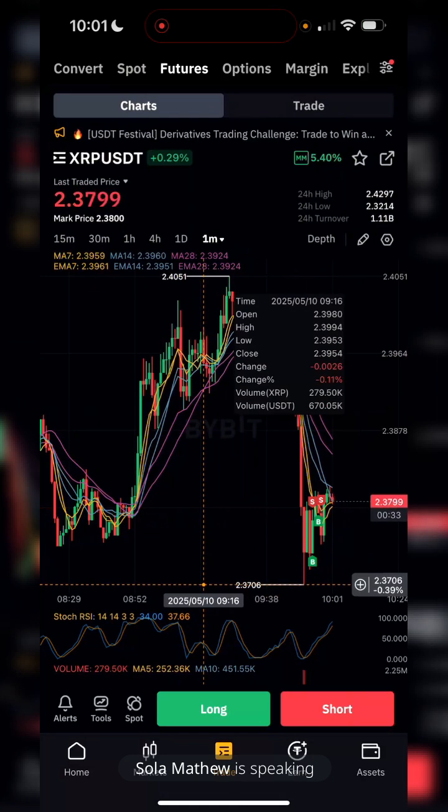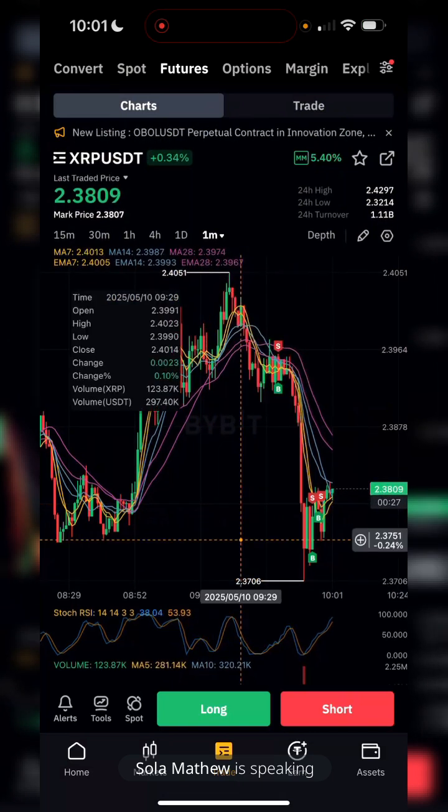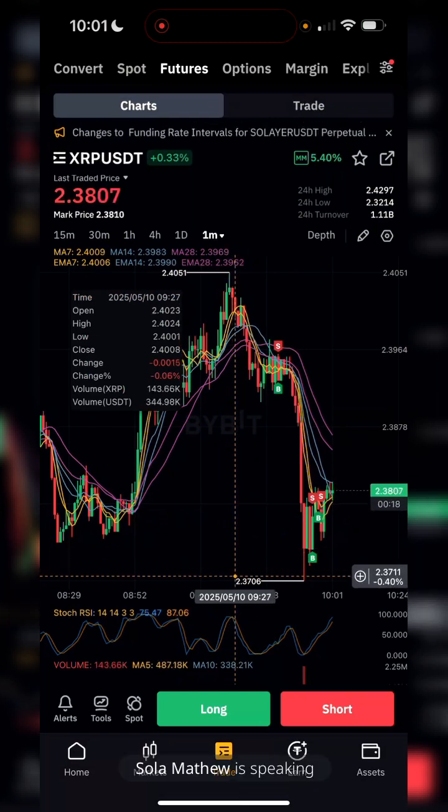You understand? Because ChatGPT knows that if this trade is going to go down, usually if it gets here, it will most likely bounce back up. You understand? So you can still enter this trade if you are willing to put your stop loss here.